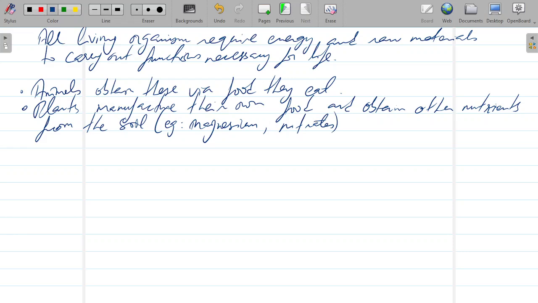right? These are two major ones, right? And just on a side, I'll quickly mention why does the plant need magnesium, right? Because it is used in making chlorophyll, right?